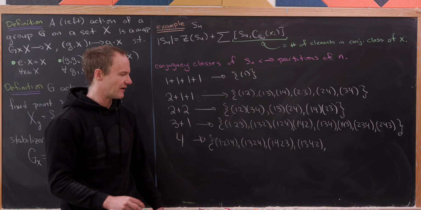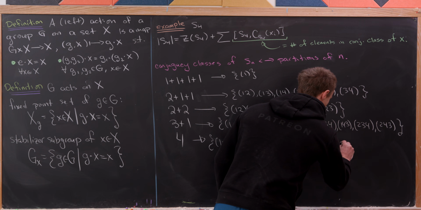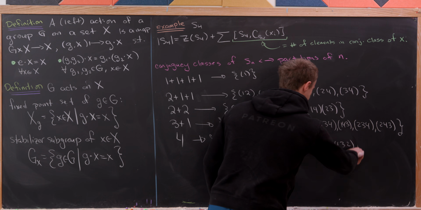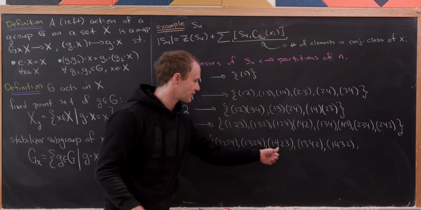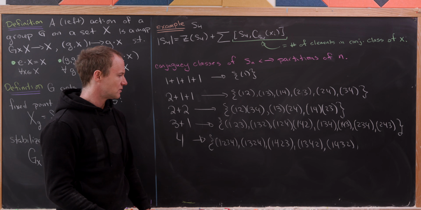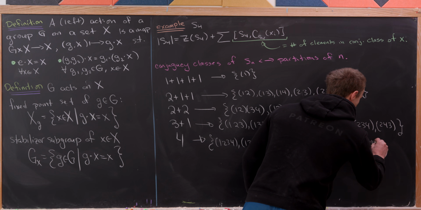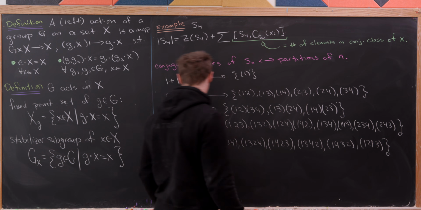Let's see, you could have (1 4 3 2). And then let's see, is that all of them? 1 2 3 4 5. No, I think we should have 6. So let's see, we could have (1 2 4 3). That would be our last one.